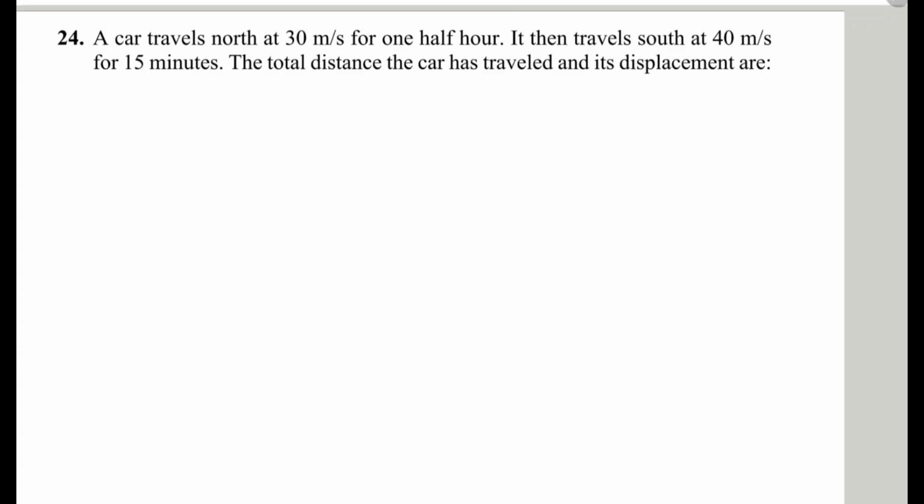A car travels north at 30 meters per second for 1/2 hour. It then travels south at 40 meters per second for 15 minutes. The total distance the car has traveled and its displacement are. Let's draw the situation. A car is traveling north, like here, with velocity equal to 30 meters per second for half an hour, so 30 minutes.